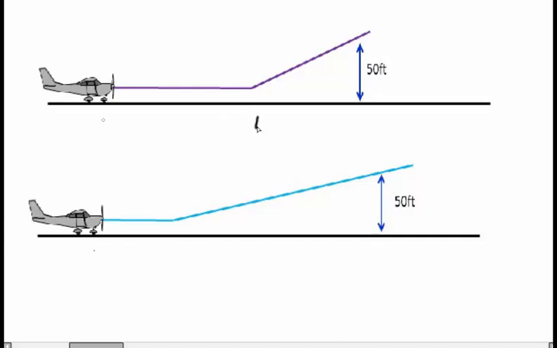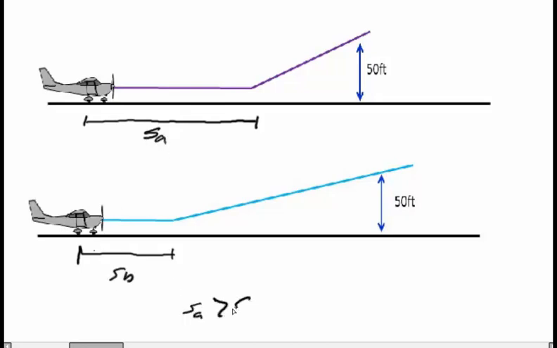This distance from this first point to this point: at this point the lift is greater than the weight, so the aircraft will climb. If we say this is A and this is B, you can see A is bigger than B. Why is this distance less than this distance?